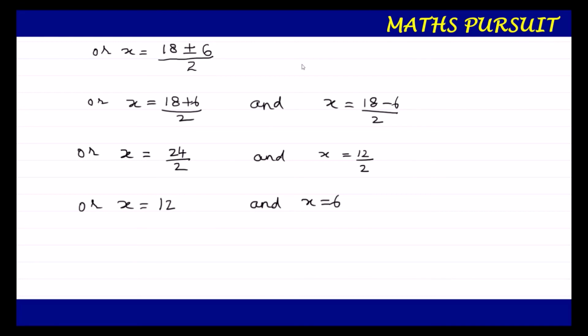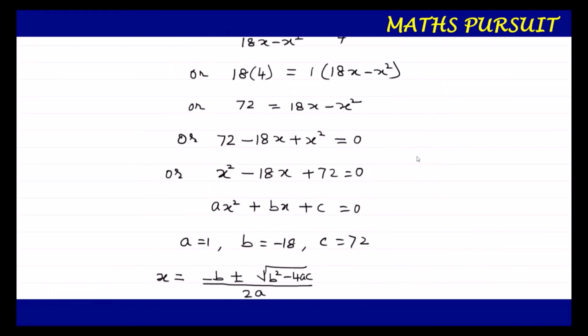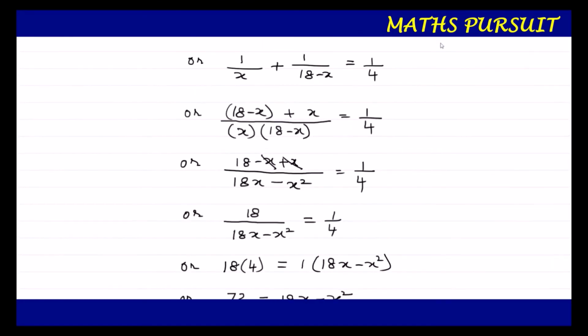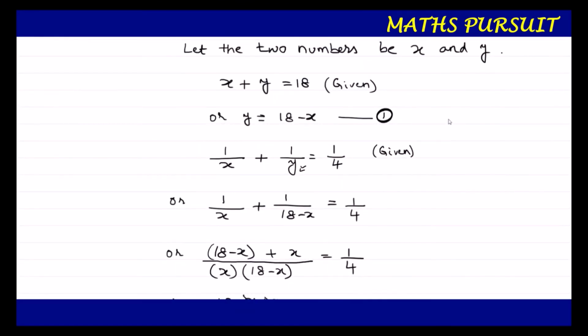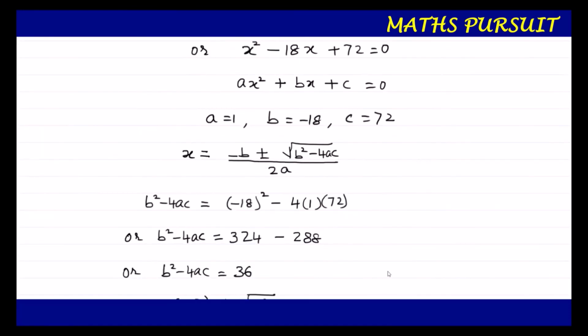Now guys, if you remember our equation 1, what was it? Our equation 1 says that y = 18 - x. So I am going to put the values of x in equation 1.